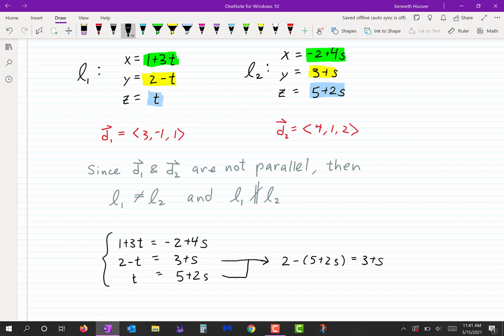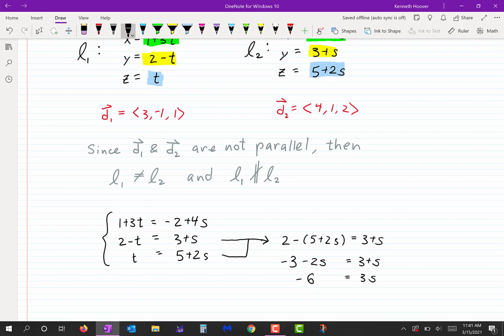So that gives us negative 3 minus 2s would have to equal 3 plus s, which means negative 6 would equal 3s, which means s would be negative 2.